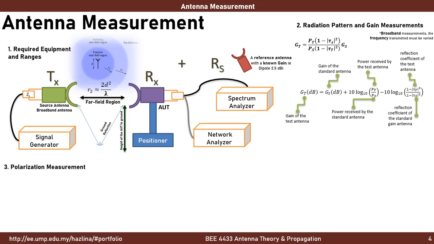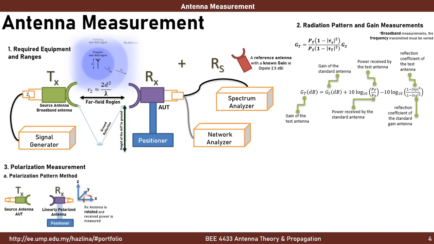Next is the measurement of the polarization of the antenna. In general, there are two techniques to measure the radiation polarization. The first is the polarization pattern method, in which the antenna under test is at the transmitting part of the measurement setup. The receiver antenna must be a linearly polarized antenna and rotated in the x-axis.